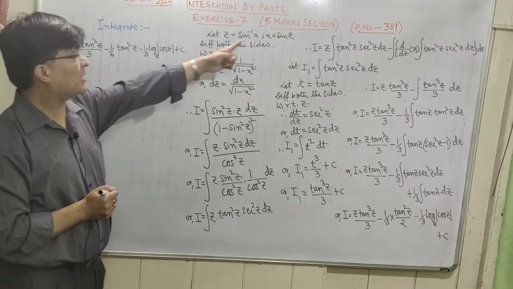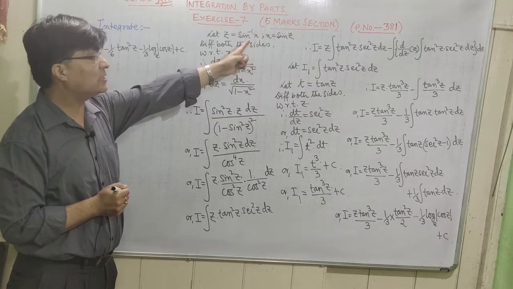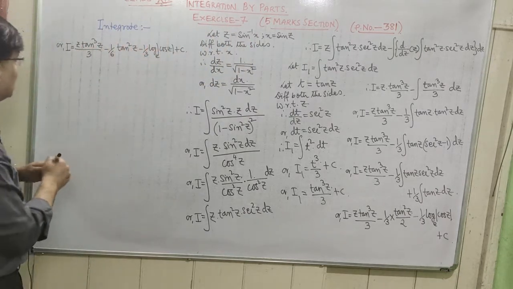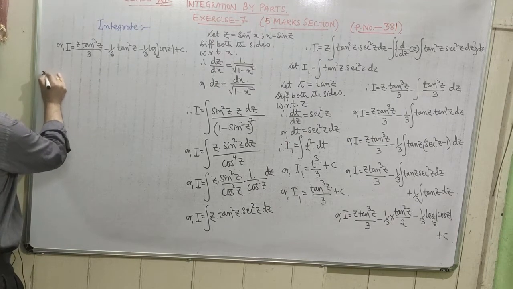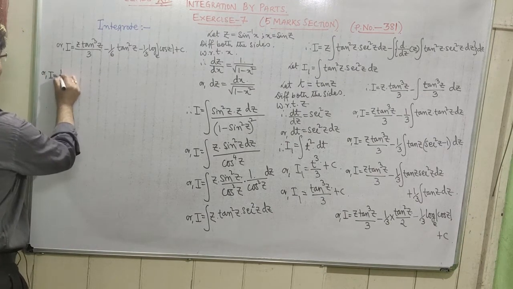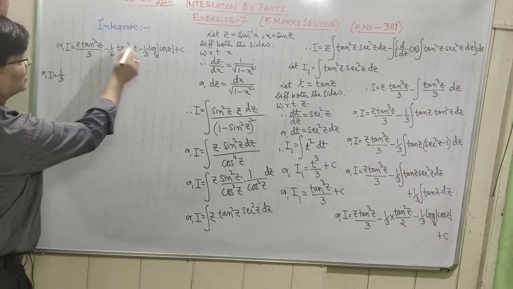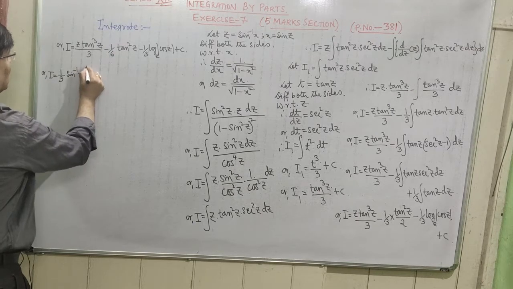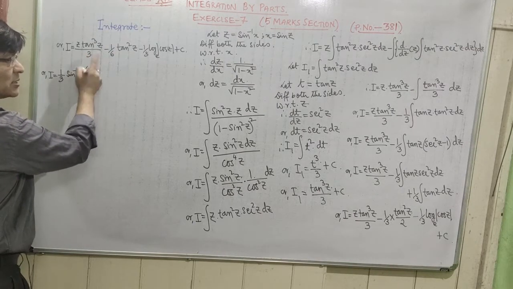So we know the value for sin z out there, isn't it? What is sin z is equal to x. Let us convert this tan z and cos z in terms of sin z. So I is equal to, what is z here? So let us write 1/3 first. What is z? This is your sine inverse x, right? Into within bracket, this is tan z whole cube.